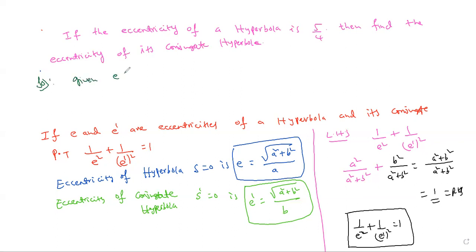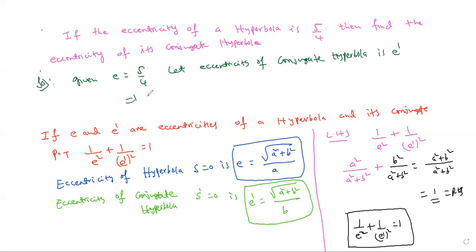Simple. Given e is equal to 5/4. Let the eccentricity of the conjugate hyperbola be e dash.